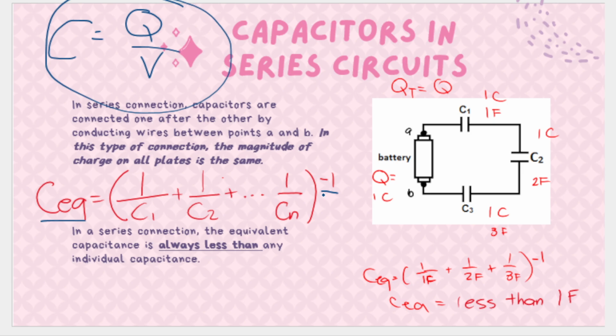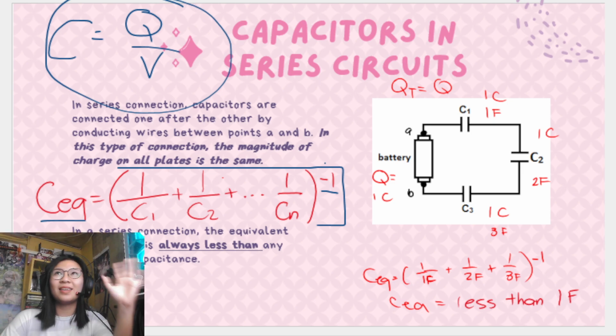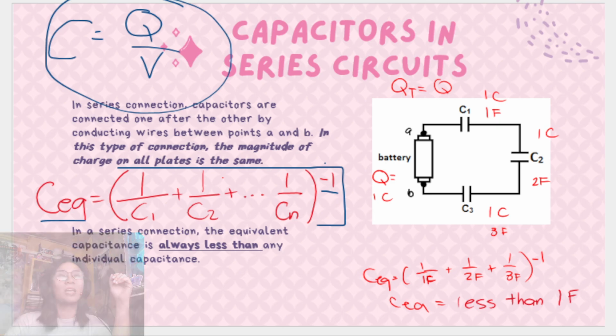If you look in YouTube, there are other versions of this formula, but I find this formula very easy to put in your calculator, dali ra siya i-solve, dili siya confusing kayo. Okay. So in series connection, the equivalent capacitance is always less than your individual capacitance, or the lowest capacitor.